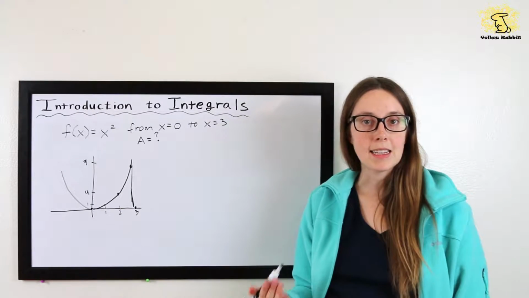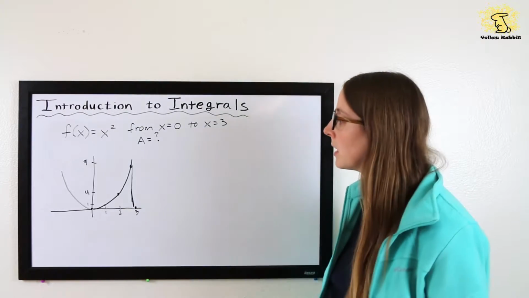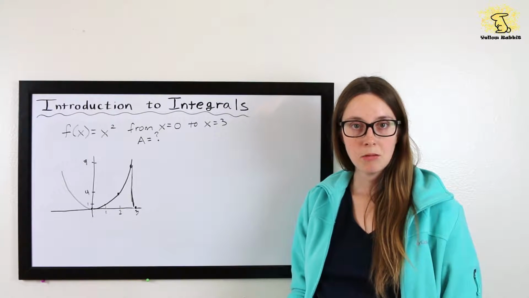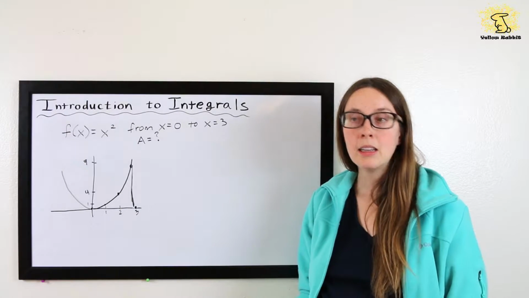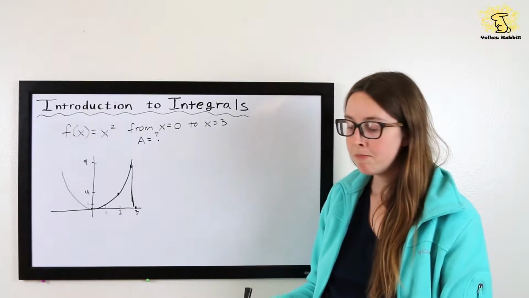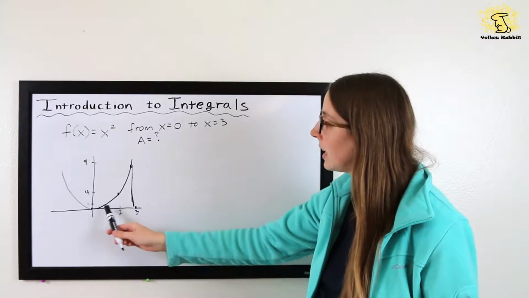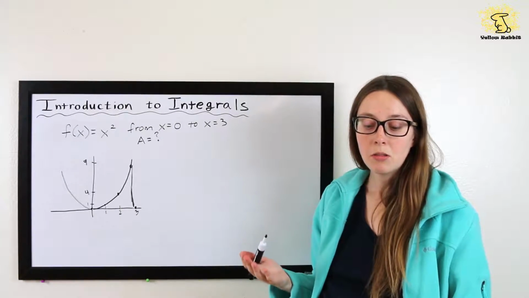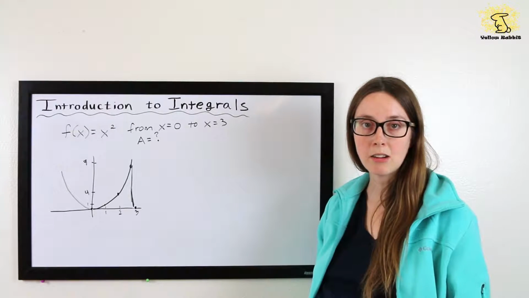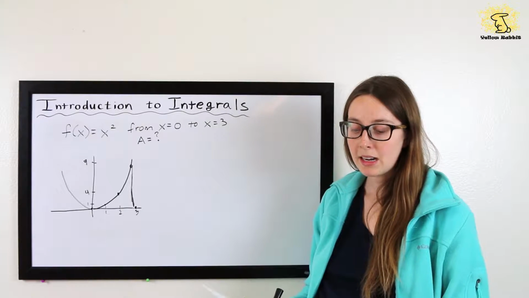Determining this area exactly is at this point a little bit tricky because we have to deal with this curved function. What would be much easier would be to approximate this area as best we can using shapes that are easier to calculate. So the way we would do this is we can divide this region into segments, all with the same width, construct rectangles based on these segments, and then add together the areas of the rectangles.